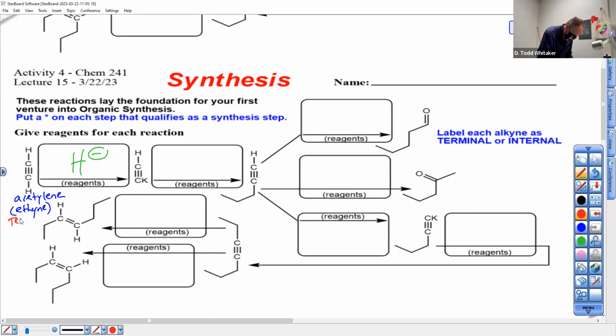And this is actually part of this activity. Terminal. Terminal. And this is the only one that is in the middle, right? Internal. I think it's pretty self-evident why those names exist, right? Terminal at the end of the chain, internal in the middle.